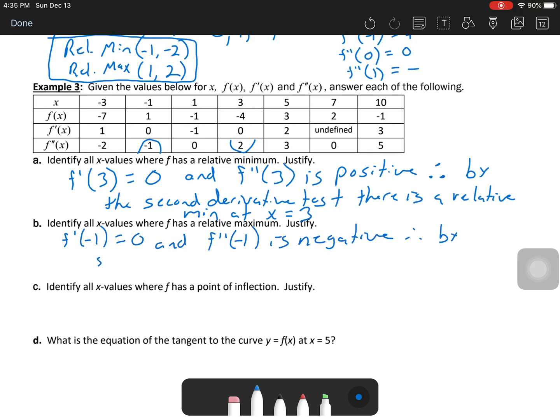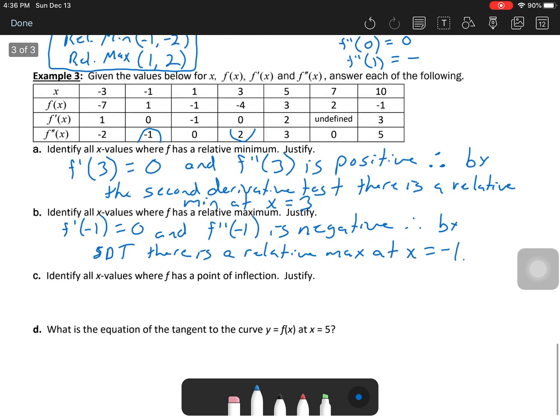And for the same reasoning, therefore, by the second derivative test, there is a relative max at x equals -1.